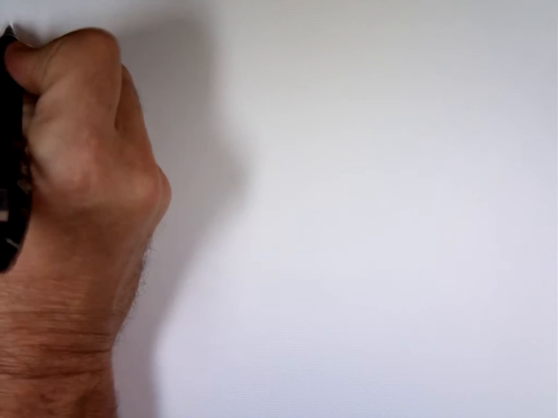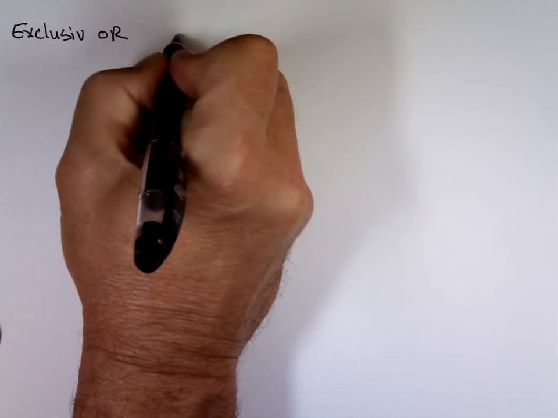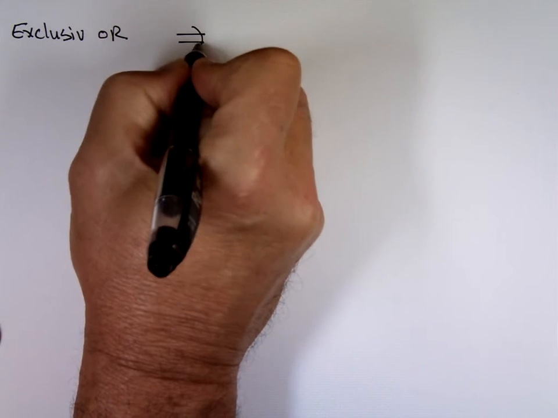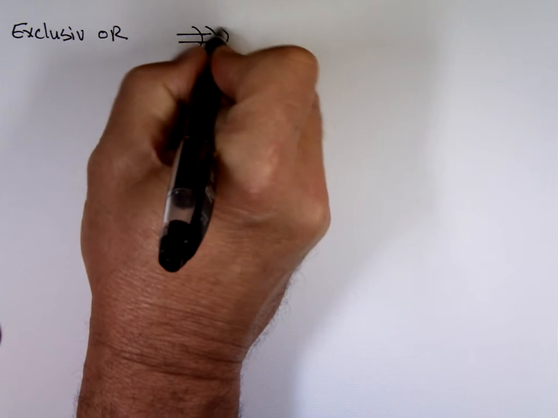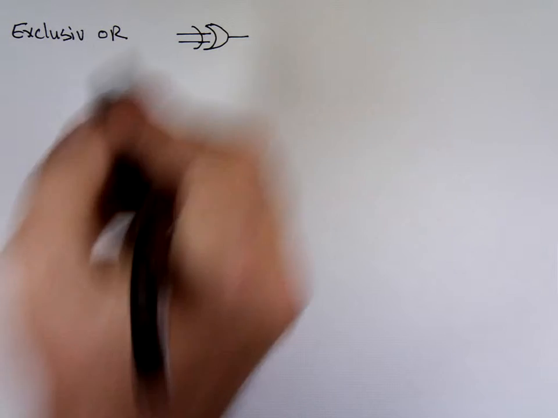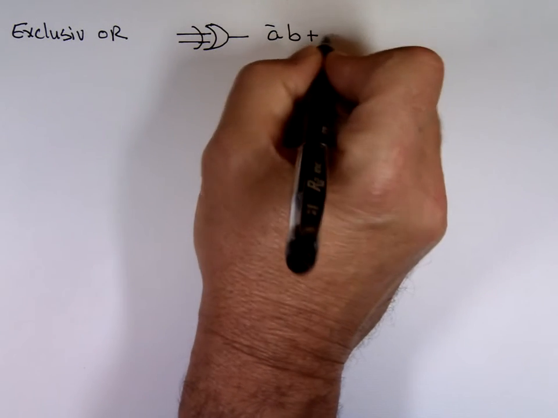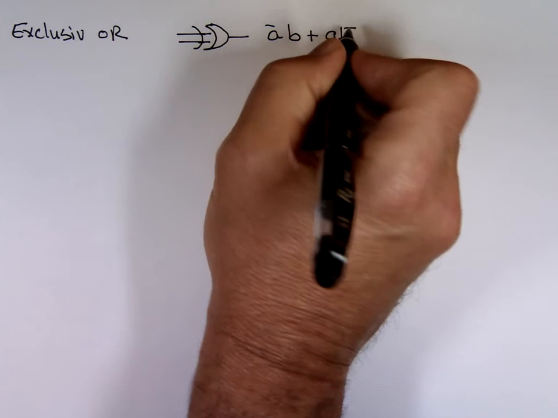Exclusive OR has this symbol. And if you look at the equation for it, it says what? A NOT B plus A B NOT. What does that mean?